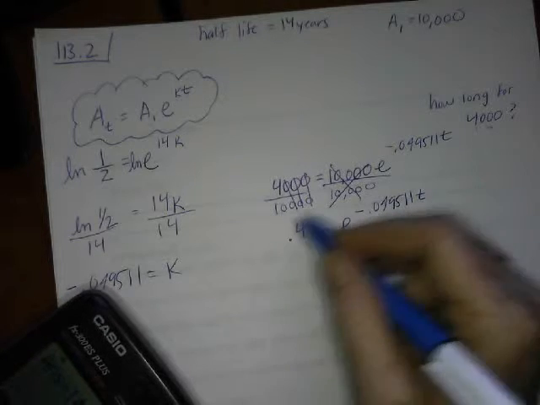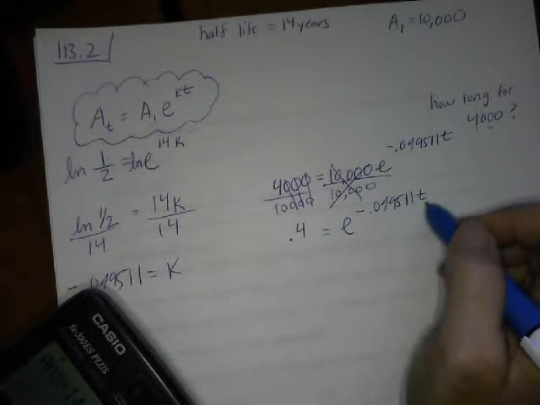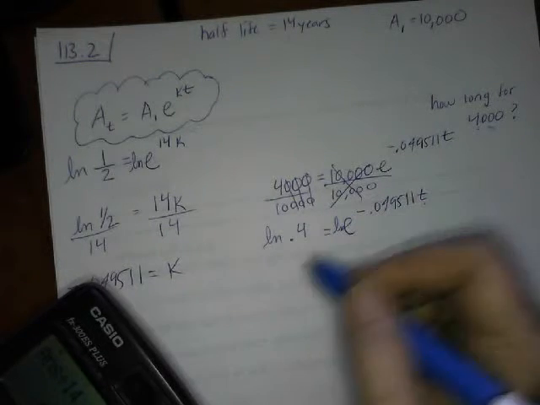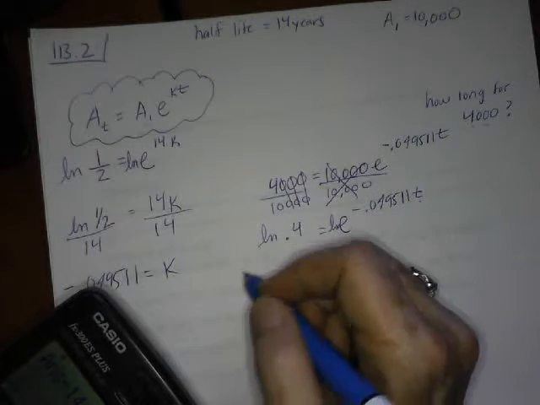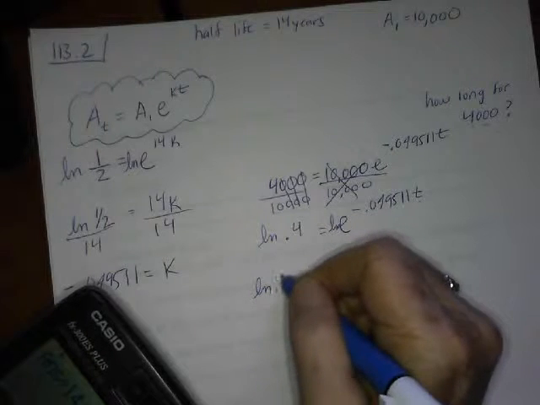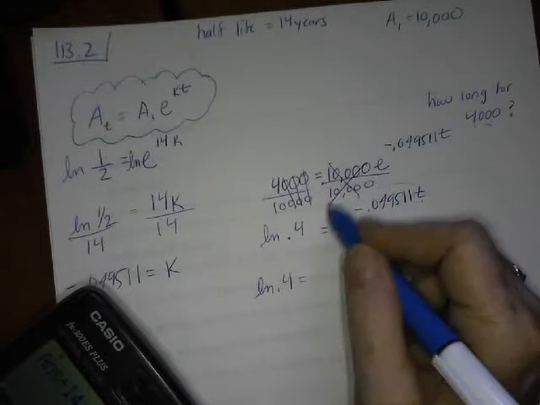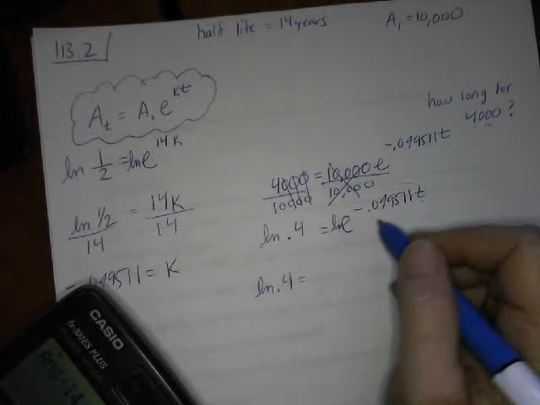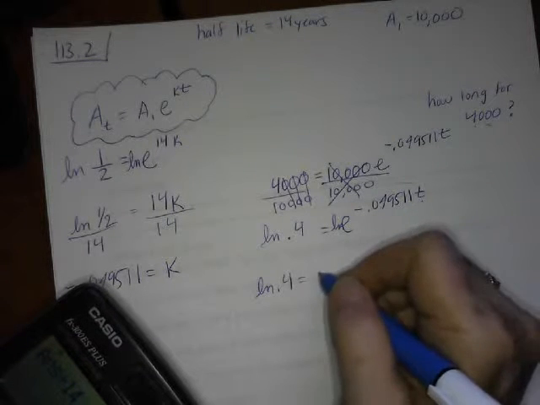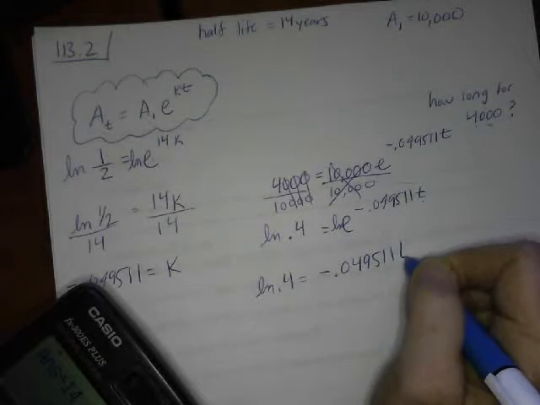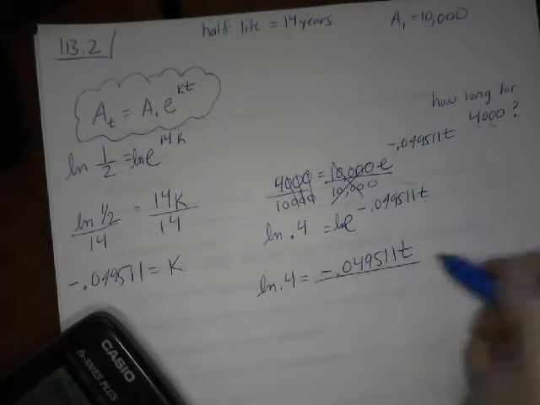I'm going to ln both sides to get t down. So this can all come down using the log law, and the ln e goes away because it's equal to 1. Now I have to divide to get t by itself.